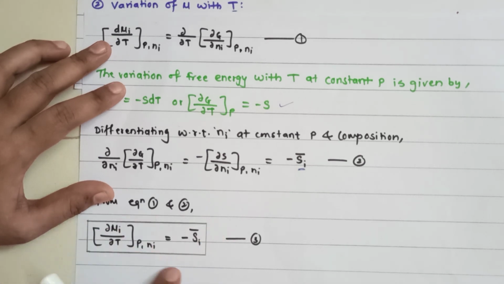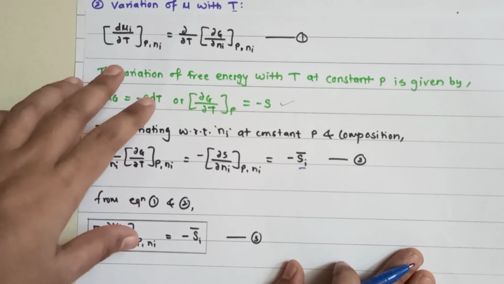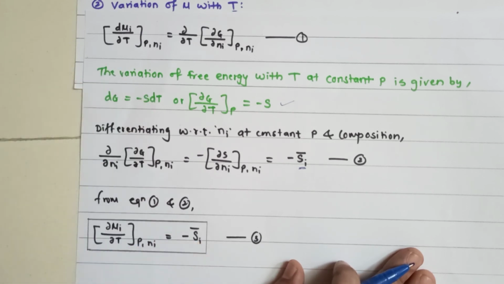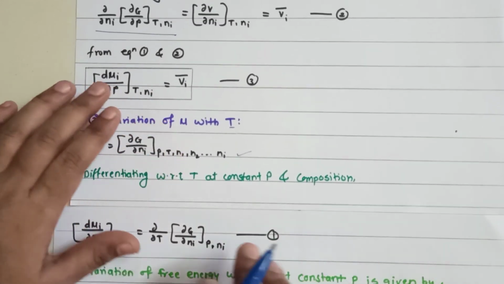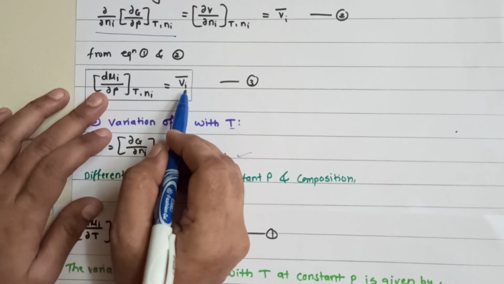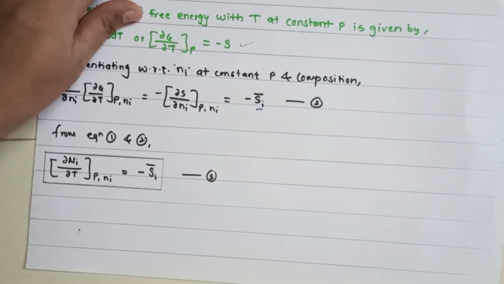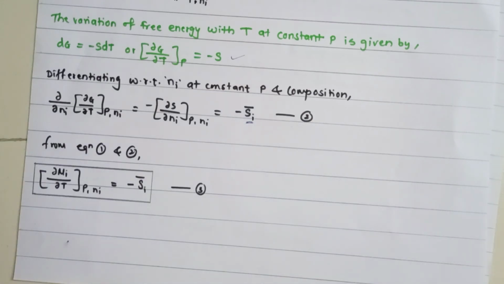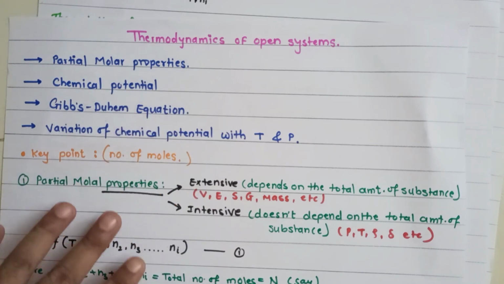So this is how you read out this equation. With respect to chemical potential and temperature, you get the partial molar entropy, whereas when you study the variation of chemical potential with respect to pressure, you get the partial molar volume. Okay, so this is how, students, you solve for the chemical potential and the partial molar properties from the thermodynamics of open systems.